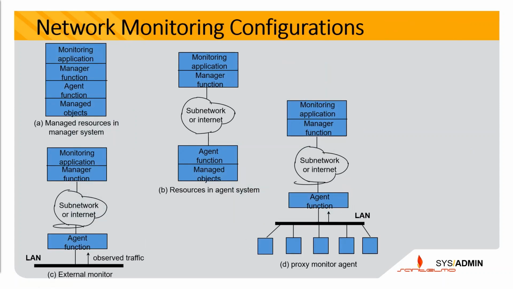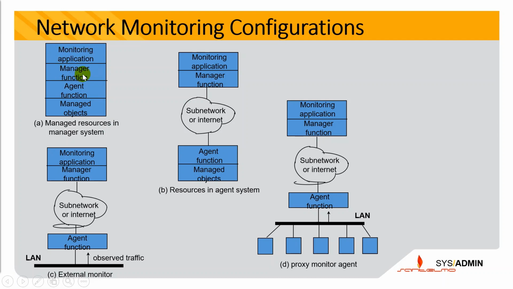Next, how about the network monitoring configuration? Okay, so letter A here, manage resources in a manager system. There is a possibility that we are monitoring a device where the manager application is also installed.